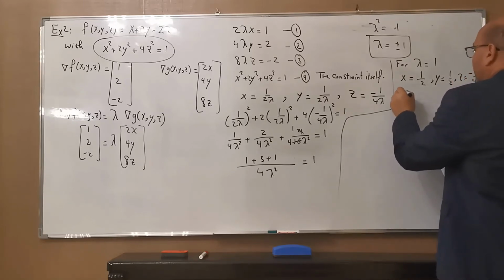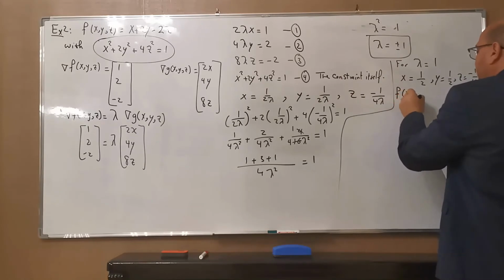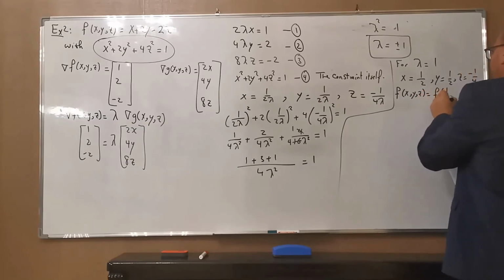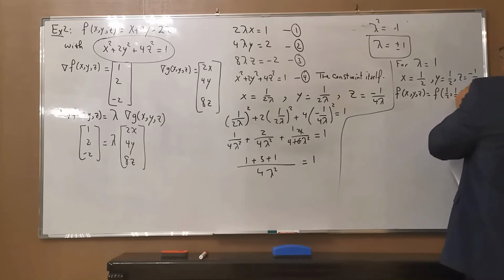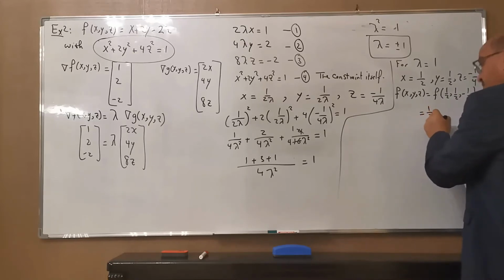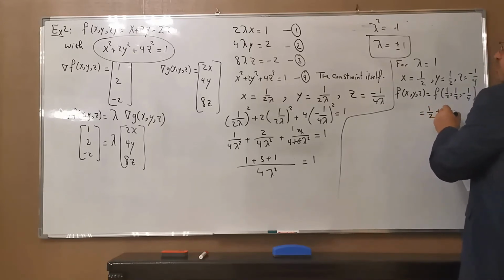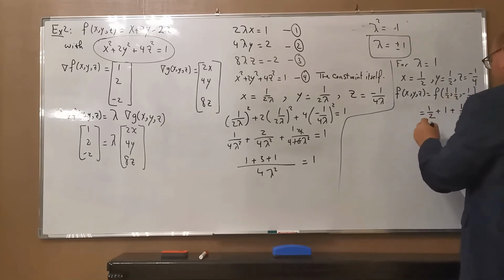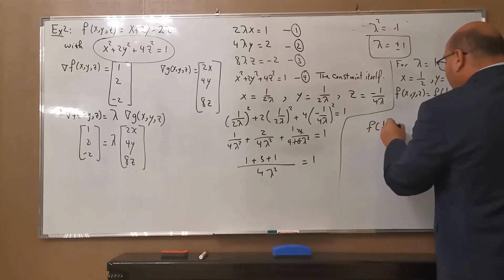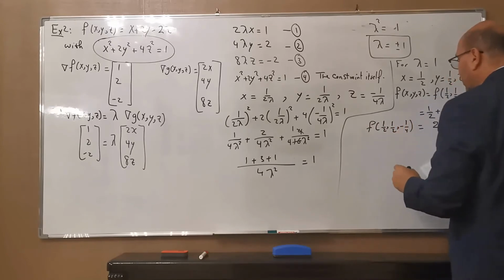If you apply this to the function, f of 1/2, 1/2, minus 1/4 will equal 1/2 plus 1 plus 2 times 1/4, which is 1/2, so this equals 2.